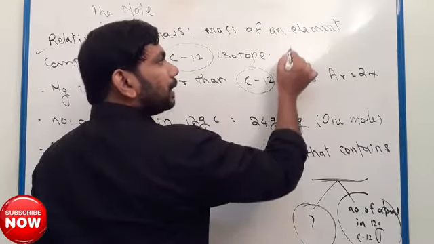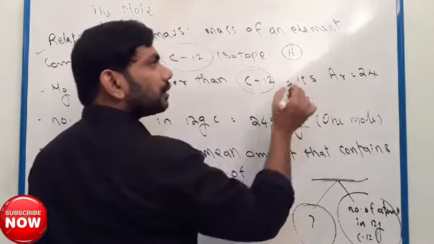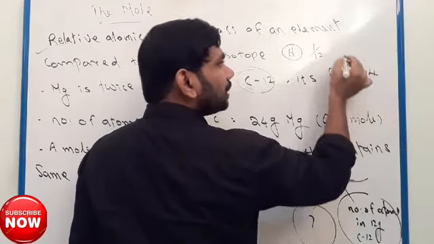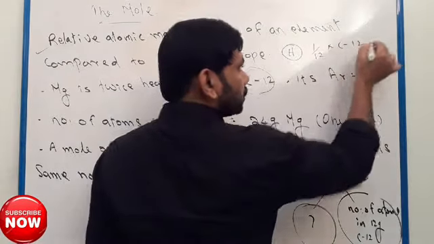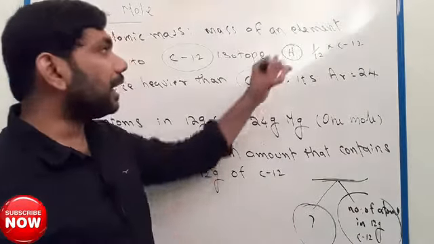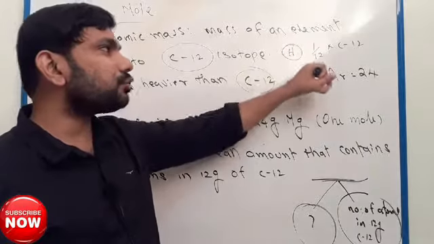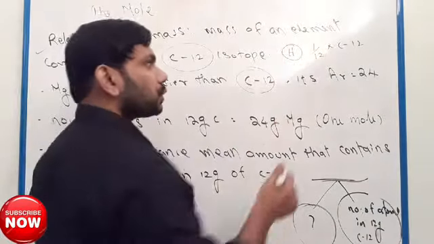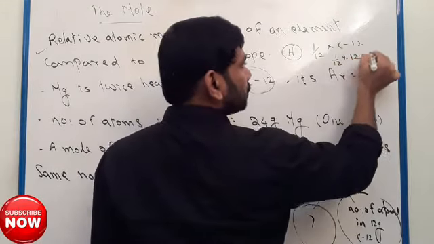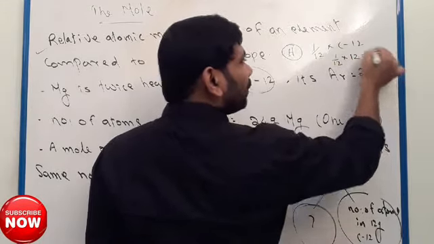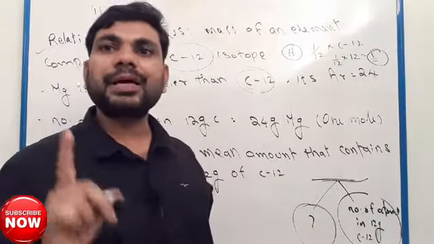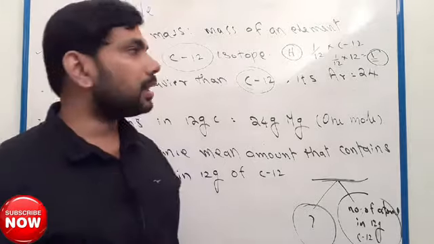Hydrogen is 1/12 as heavy as the carbon 12 isotope, so the relative atomic mass of hydrogen is 1.